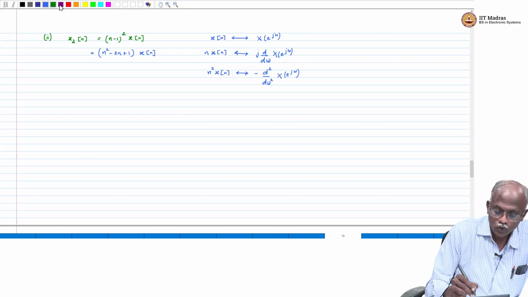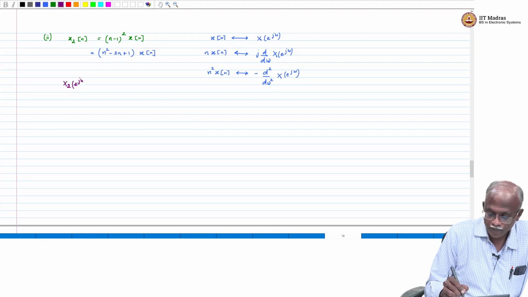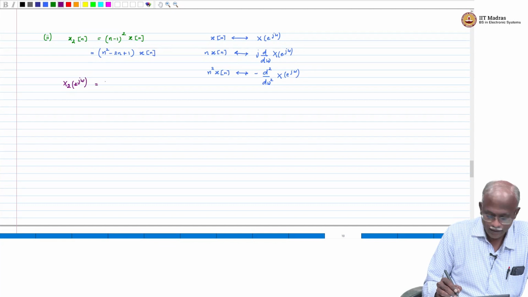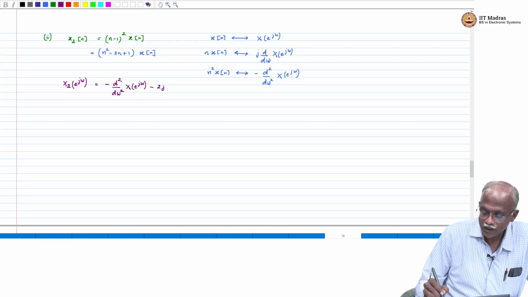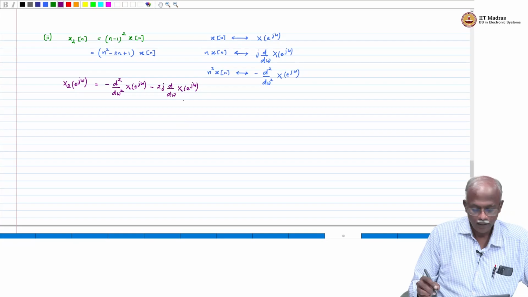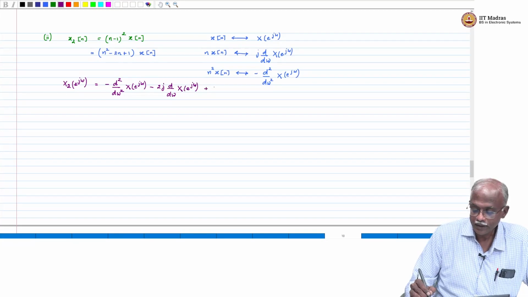So, x2 e of j omega can be written as minus d squared by d omega squared of x e of j omega. Then the second term is minus 2j d by d omega of x e of j omega, and then the final term will be just x e of j omega.